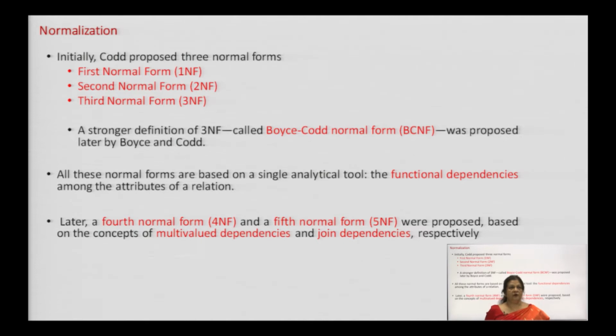All these normal forms are based on a single analytical tool, which is the functional dependency among the attributes of a relation. Later, a fourth normal form and a fifth normal form were proposed based on the concepts of multi-valued dependencies and join dependencies respectively, and we shall be studying all these normal forms in detail.